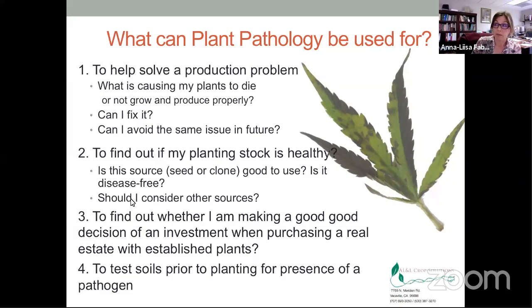It's commonly used in other industries, like olive growers, whose olives are really susceptible to verticillium wilt. But here in California, they plant olive trees on soils that were previously grown with tomatoes or cotton, and they want to make sure that the soil doesn't have this disease caused by verticillium.